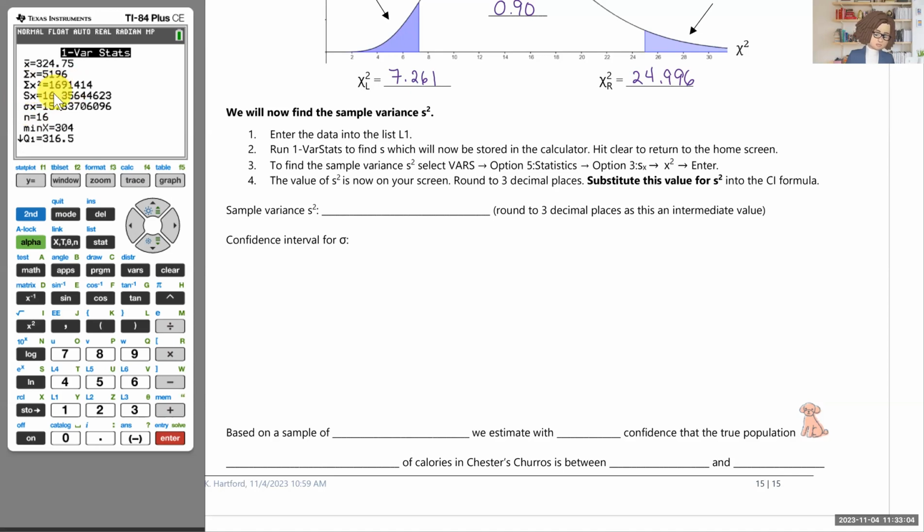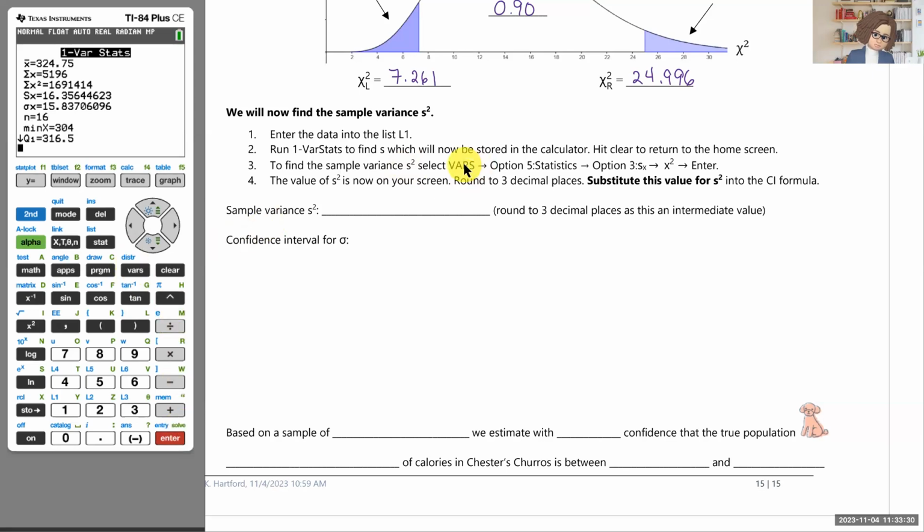And what I'm going to do is actually continue now and find the variance. So I'm going to find S squared by doing the following. After running one-var stats, I'm going to get the value S on the home screen. So I'm going to hit my variable button.